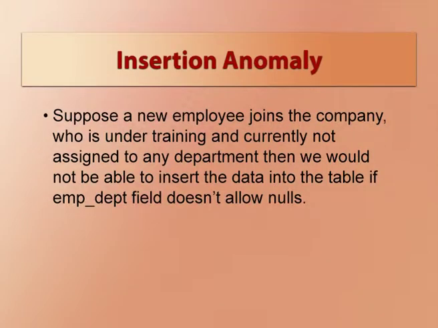We can see here the insertion anomaly. Suppose a new employee joins the company who is under training and currently not assigned to any department. Then we would not be able to insert the data into the table if the employee department field does not allow nulls.